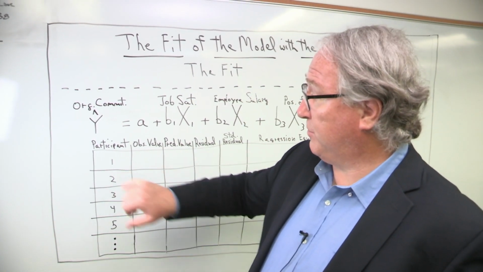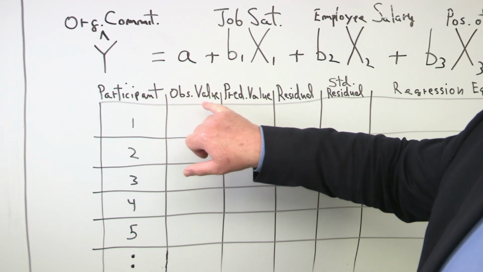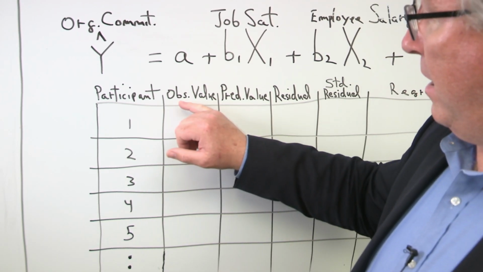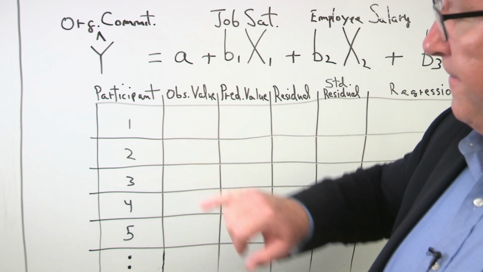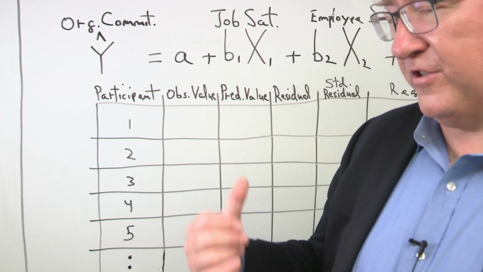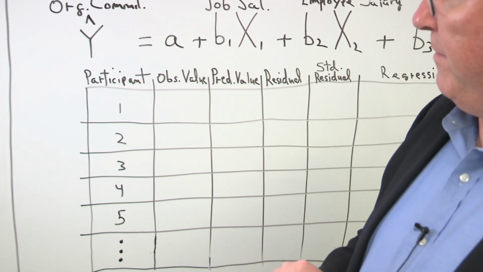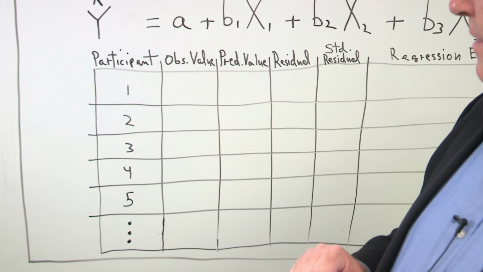Or, in this case, participant 1 did. So we have their actual observed score or actual observed value on the outcome variable measure goes right here. We'll start filling this in later, but that actual observed value, in this case for participant 1, goes right here.